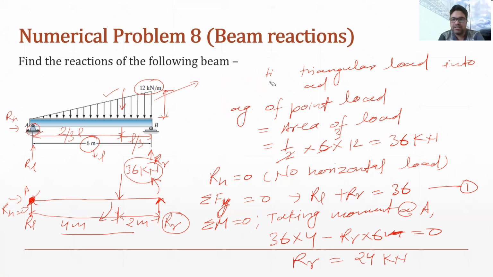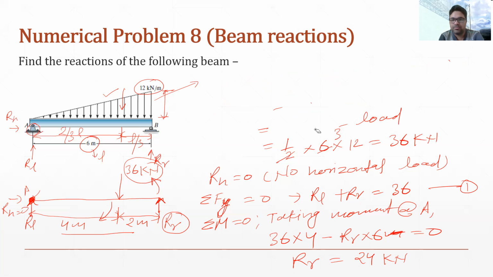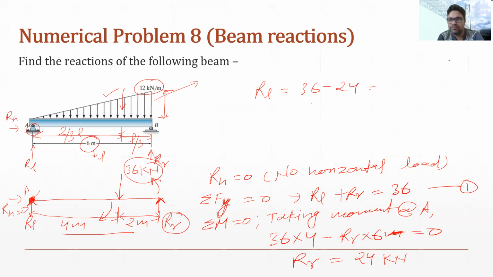So now we will put this value in equation 1. So I am just clearing the space. So RL will be equal to 36 minus 24, which becomes 12 kilonewton.